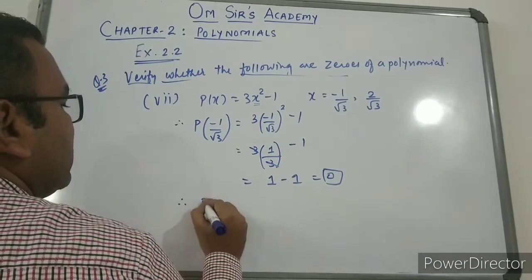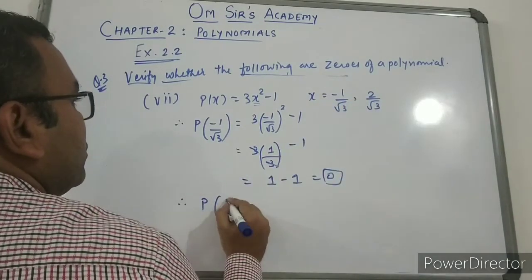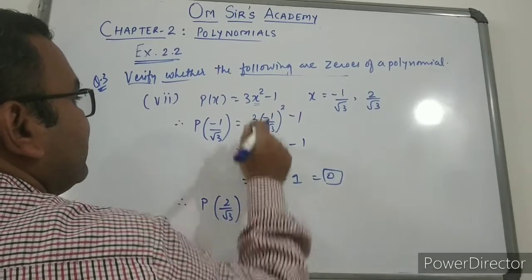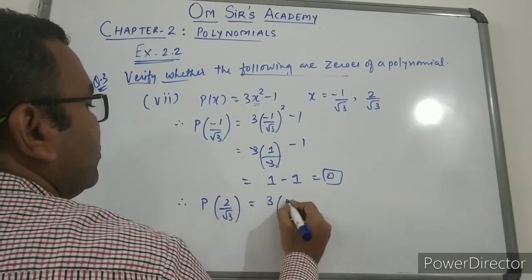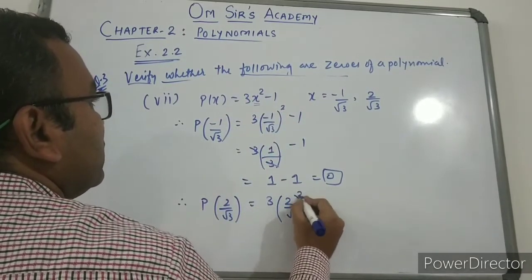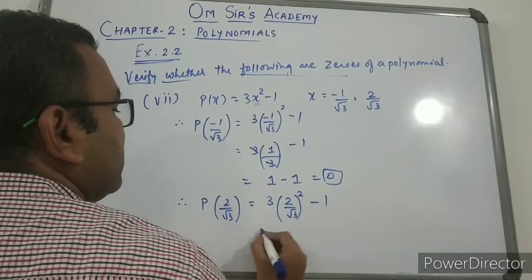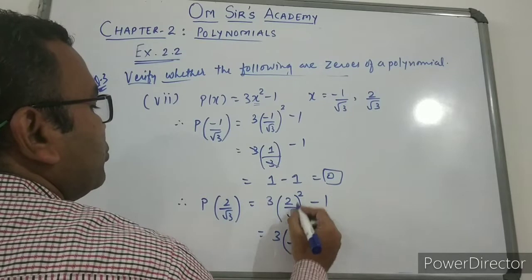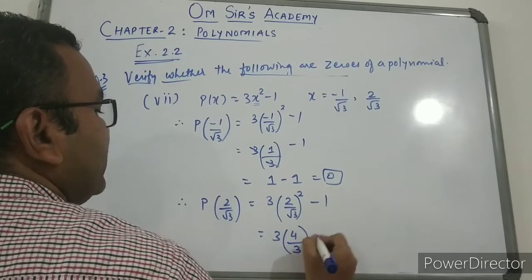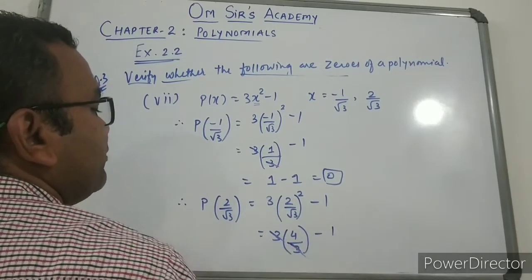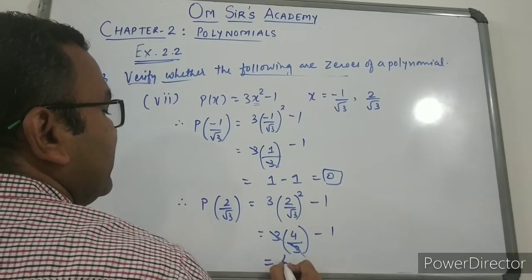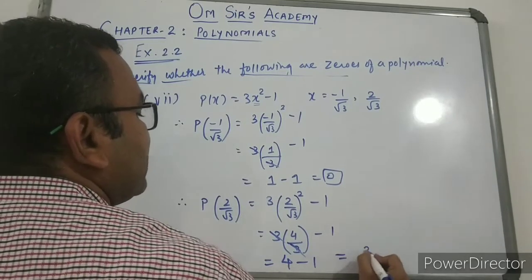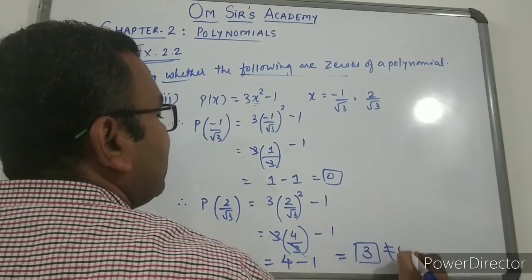And another one, that is 2 upon root 3. Instead of this x, we substitute (2 upon root 3) the whole square minus 1. So what will be the value of this? 2 square will become 4 and root 3 square will become 3, minus 1. So this 3 will get cancelled. So what will remain? 4 minus 1. So answer is 3, which is not equal to 0.